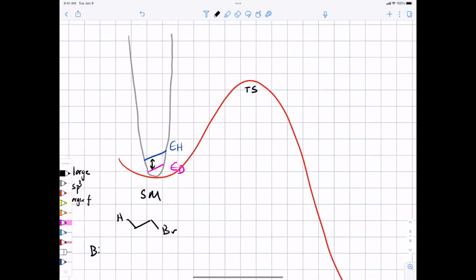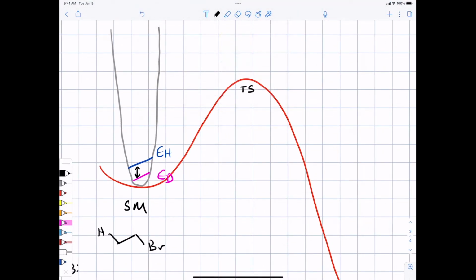But for the sake of argument, let's say that in the transition state, there's already a substantial amount of double bond character. All right, so let's just suppose it's nearly sp2 hybridized.